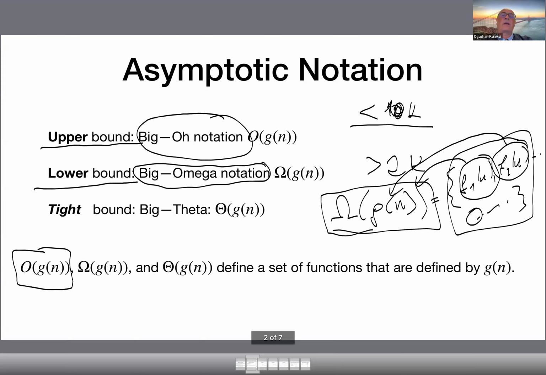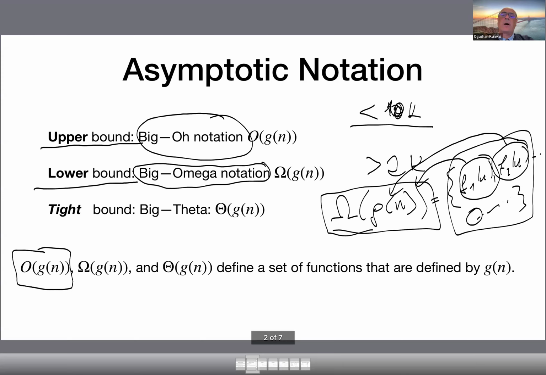I have the number of instructions to be executed, I have this function, and this function is lower bounded with big omega G(n) if it is at least as small as this one, which means it cannot be smaller than this. And so this is the lower bound.